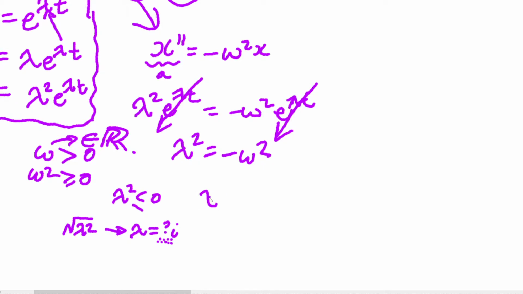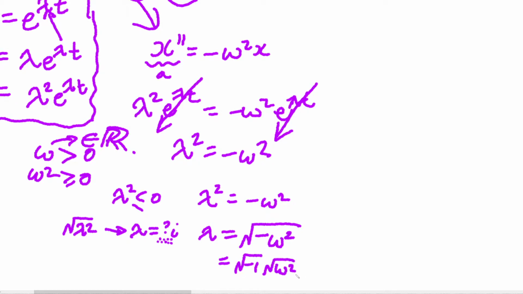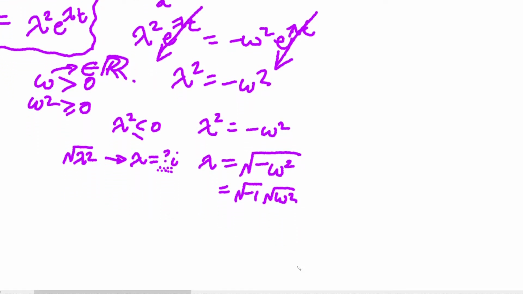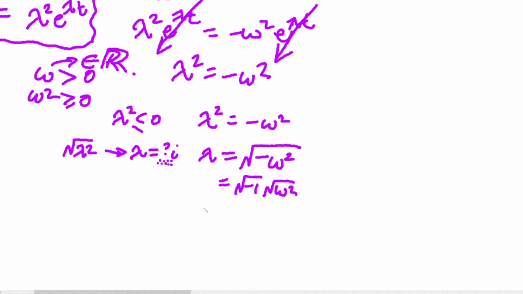Well, if lambda squared is minus omega squared, then lambda would be taking the square root of minus omega squared, factorizing the square root into the root of minus 1 multiplied by the root of the positive omega squared. Lambda would be plus or minus omega i.